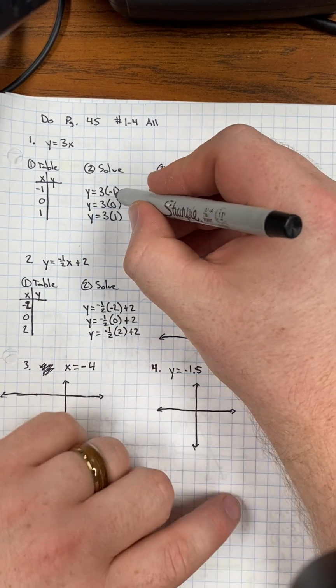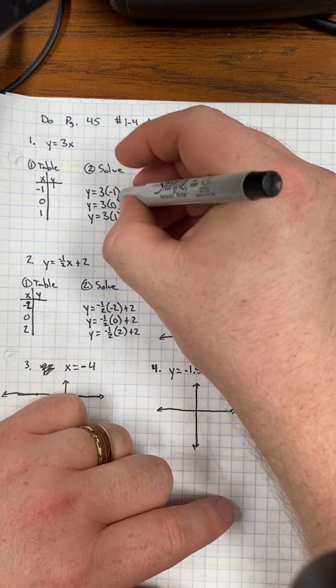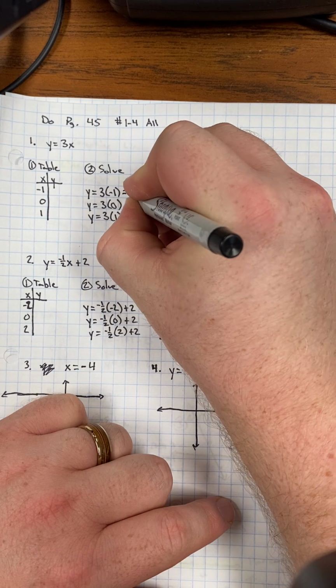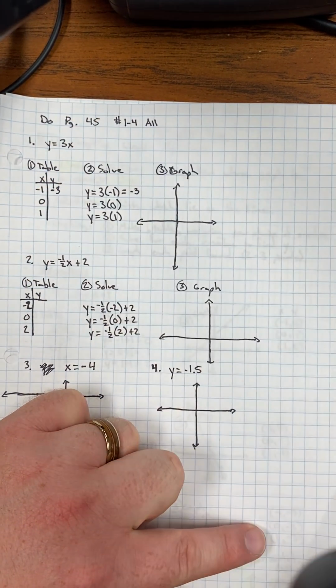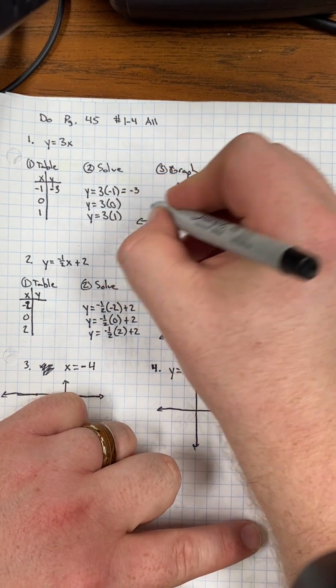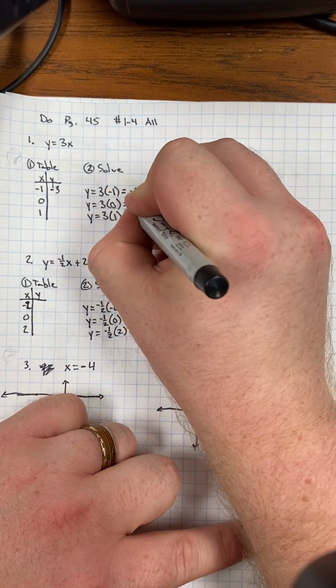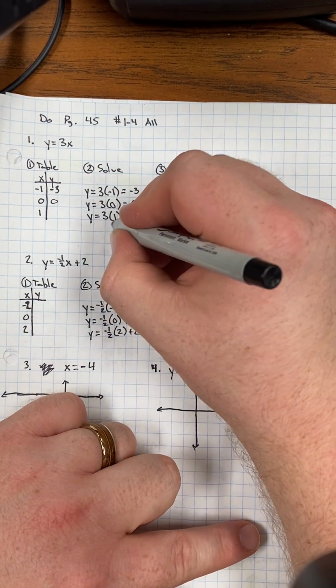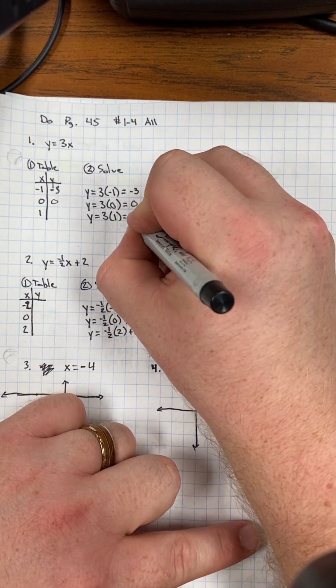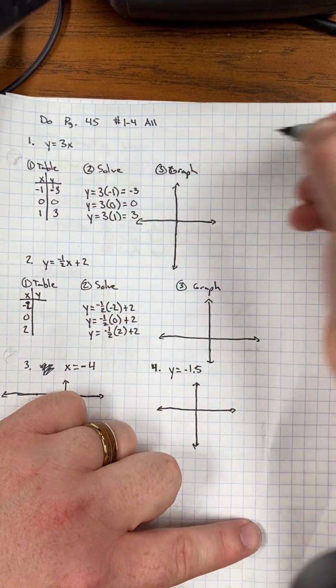So first off, let's plug in -1. 3 times -1 equals -3, so I get -3 is my answer here. Plug in 0, so 3 times 0 equals 0. Plug in 1, 3 times 1 makes 3.